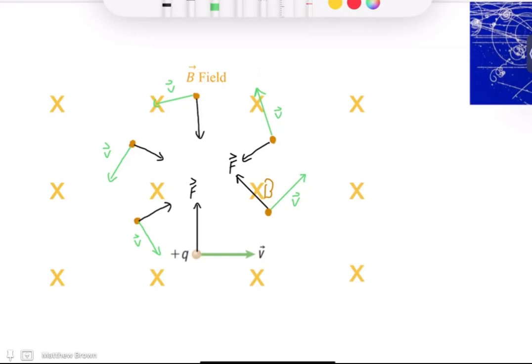And so you end up with a circle, this sort of circular path. Although that's a horribly drawn circle, in reality it wouldn't be so horrible, I don't think.